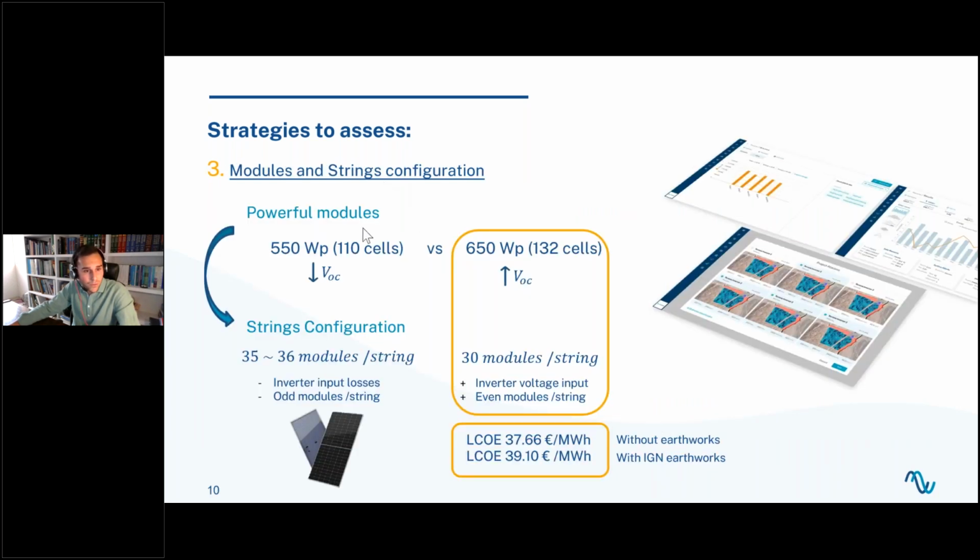So a third strategy to follow is to use much more powerful models and power up your plant. Right now, for the previous designs that we have been running, we have been using 550 watt-peak models, which led us to have almost 35, 36 modules per string, and this made us have an odd number of modules per string, which makes the structure longer.